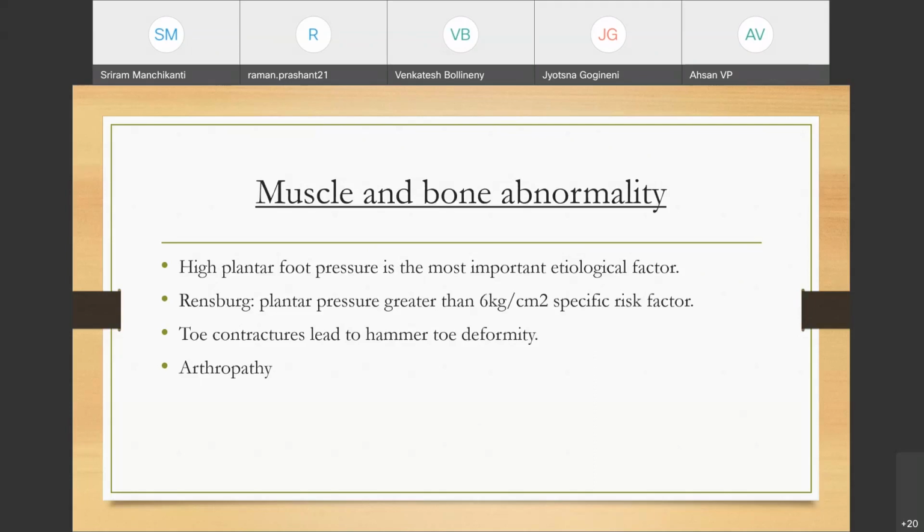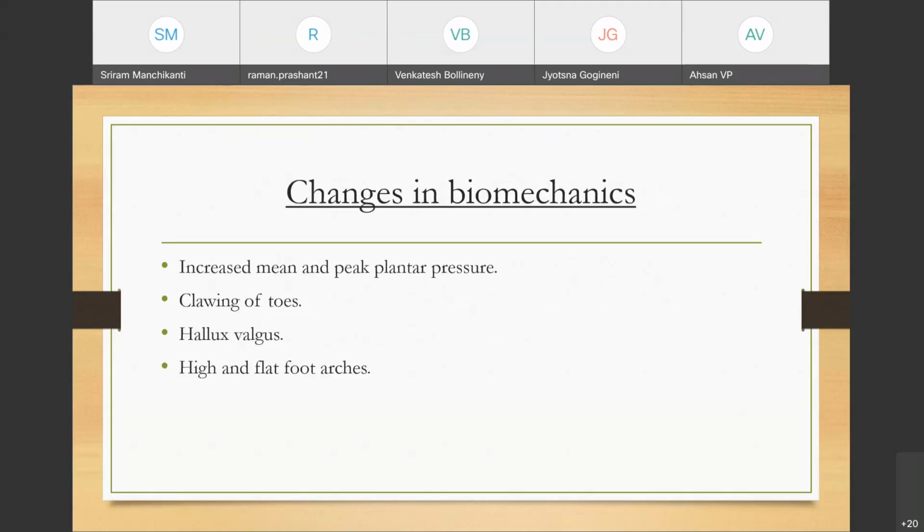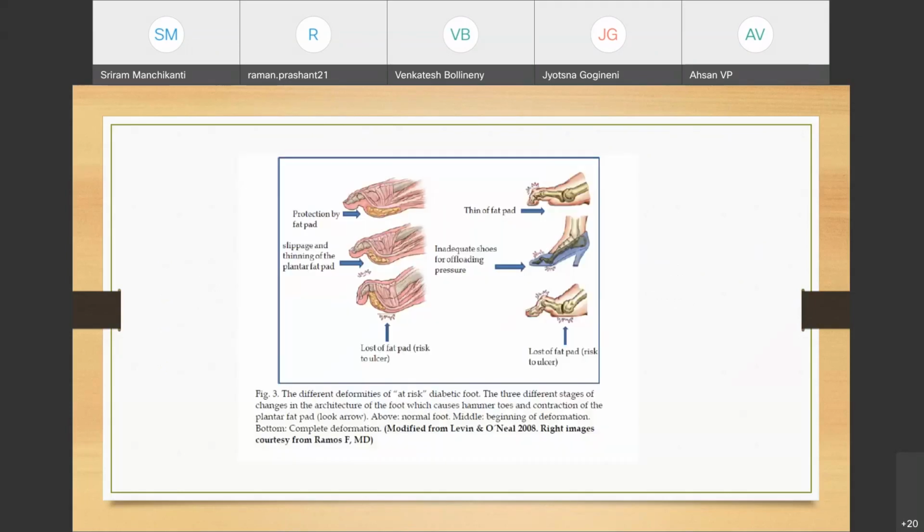Contractures such as the hammertoe deformity or arthropathy are specific risk factors as to why ulcerations develop commonly in the first metatarsal region. The changes in biomechanics commonly seen are both an increase in the mean and the peak plantar pressure. There is clawing of the toes and hallux valgus deformity, which is the toe getting deviated laterally, and high and flat foot arches, which increase the plantar pressure and also alter the gait biomechanics, resulting in increased risk of ulcerations.